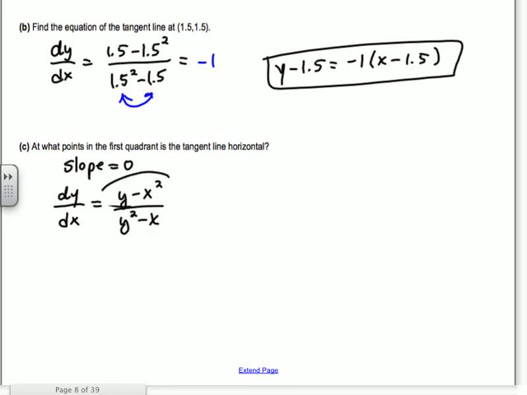So you're finding when your slope equals 0. So you're finding when the numerator equals 0. So I get y minus x squared equals 0. So y equals x squared. I know I'm in the first quadrant. I mean, you can sketch out what y equals x squared looks like, but it's not really helping you.